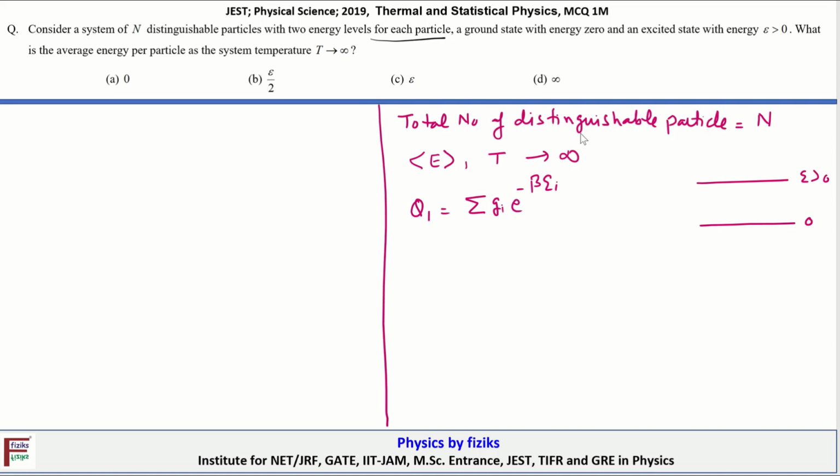Now because nothing is mentioned about the degeneracy, we can take it to be unity. That means we are considering the energy levels to be non-degenerate.